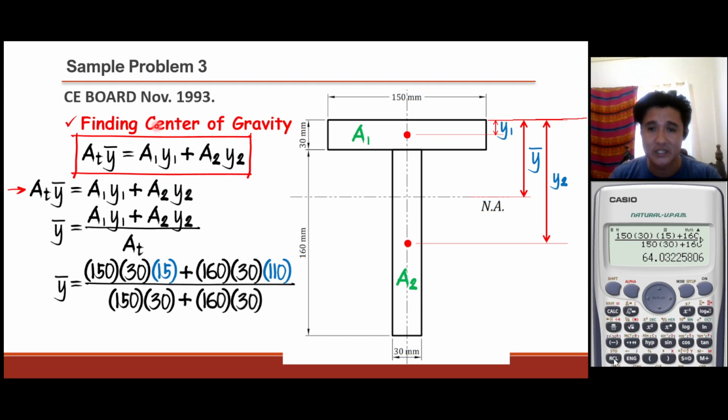So, store natin yan sa A. So, check natin kung na-store na 64.03. Okay, so yung y bar natin would be 64.03 millimeters.